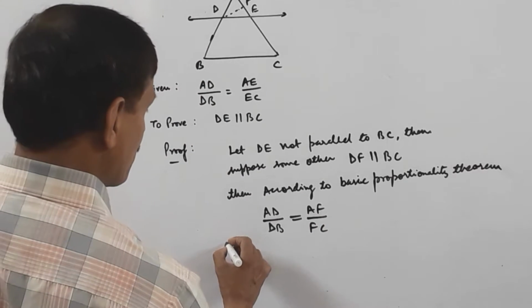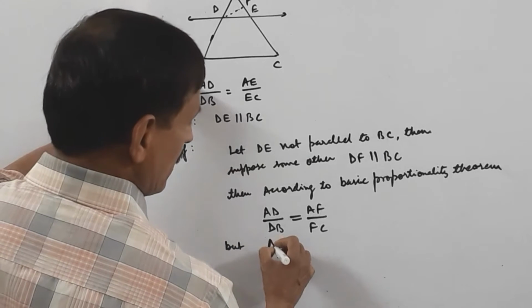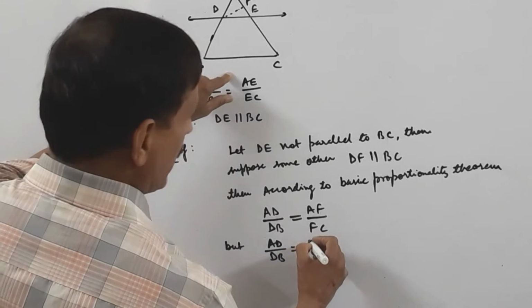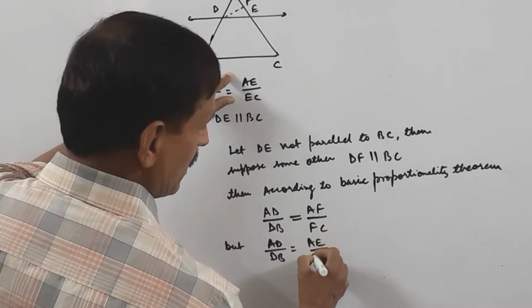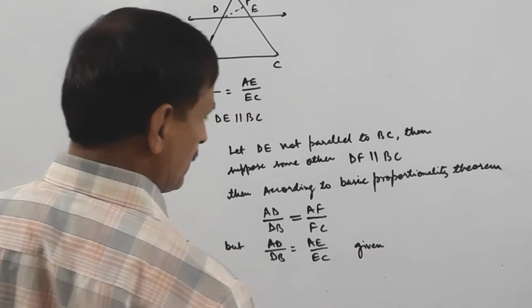But AD upon DB is equal to AE upon EC is given.